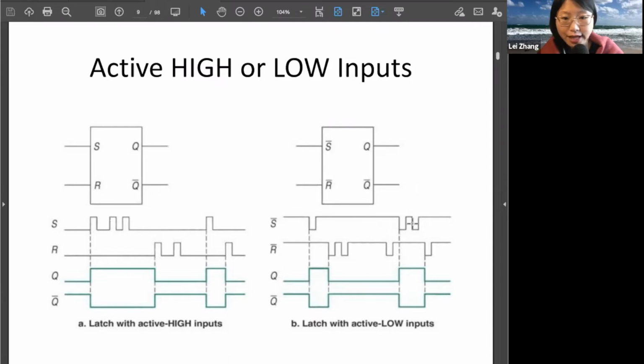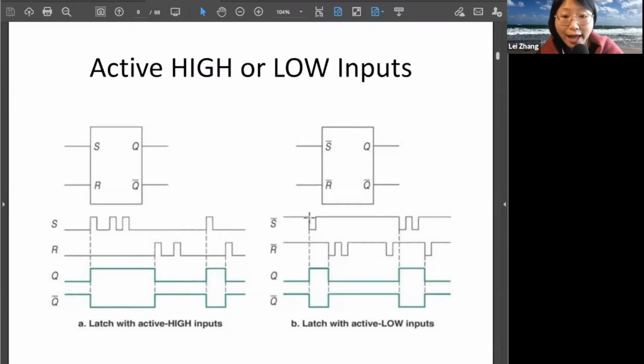So in this example, we see S0 and R0. The active states are low, so the inactive states, the default states, are high. When both of them are 1, the output doesn't change.